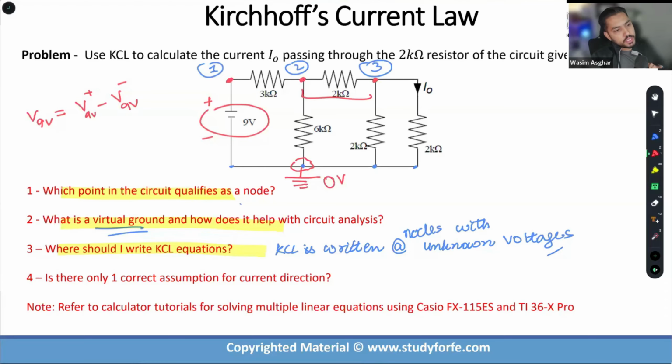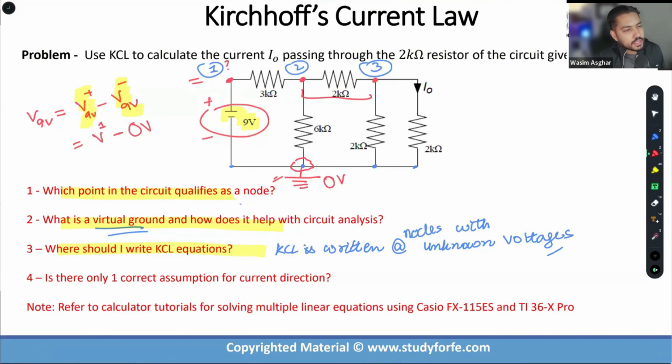I'm taking baby steps over here, very granular, first principles, because during your initial phase of learning circuit analysis, it is very easy to confuse things, right? So all I'm saying is that the voltage across the 9-volt battery is simply the difference between its positive terminal and its negative terminal. No rocket science over here. And the positive terminal is connected to V1. So let us write this as V1 minus the negative terminal, which is connected to 0 volts.